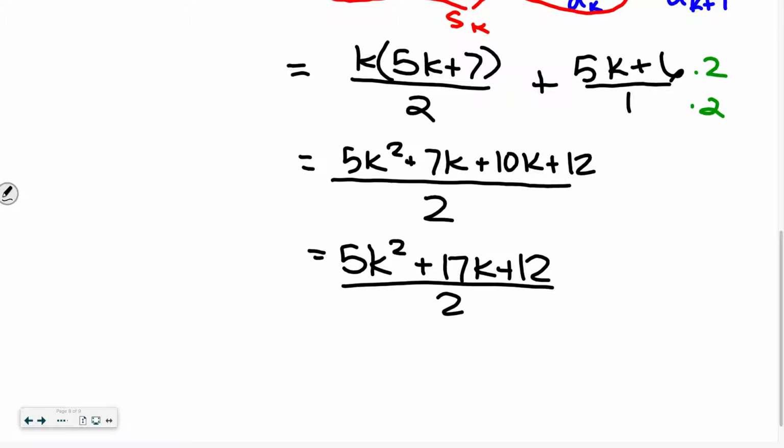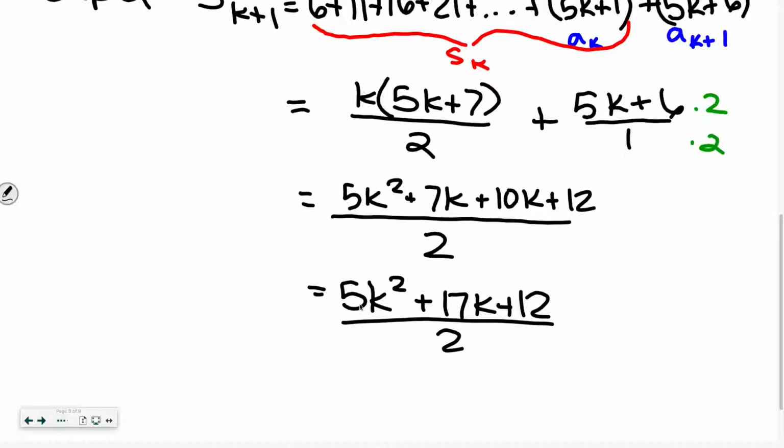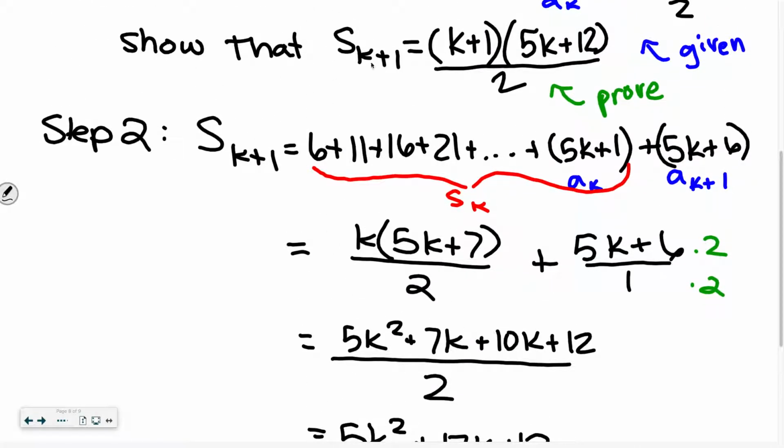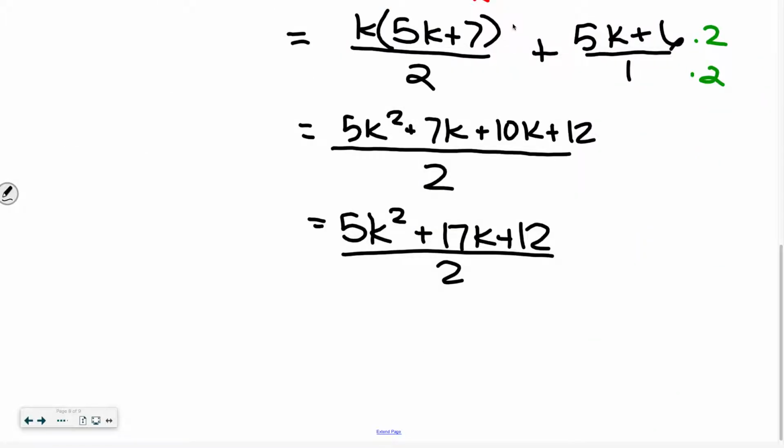Okay, so now you have a quadratic over 2. If you look back up at what you're supposed to be proving, show that s sub k plus 1 equals this thing right here, the top of the screen. That looks like a factored trinomial. So let me go down here and factor my numerator.